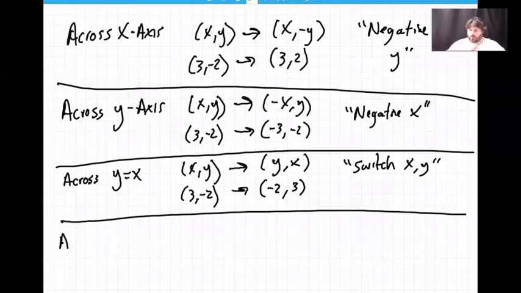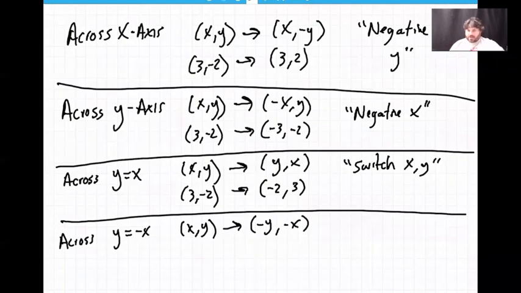Okay? Now, what if we go across the line y = -x? It's sort of similar, but we add a little dimension to that. The (x, y) coordinate goes to (-y, -x). So not only do we switch x and y, but we also do negative x and negative y.